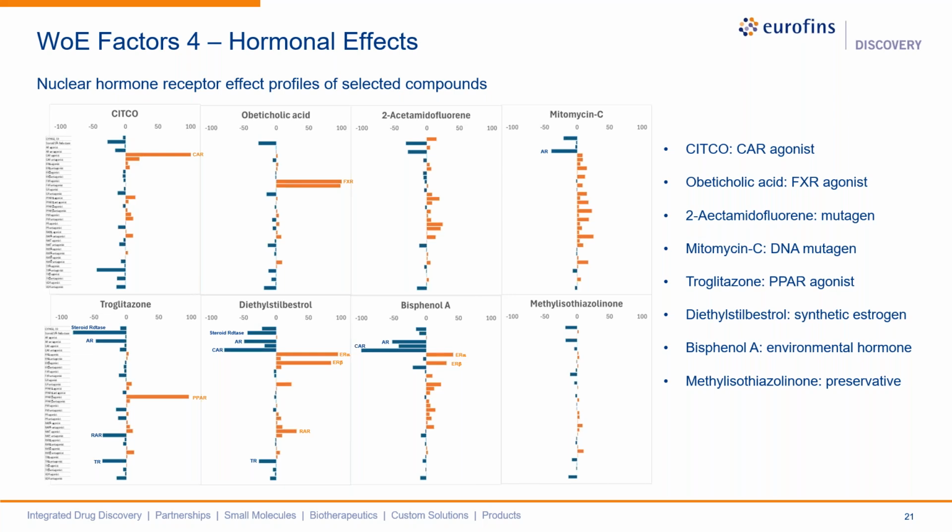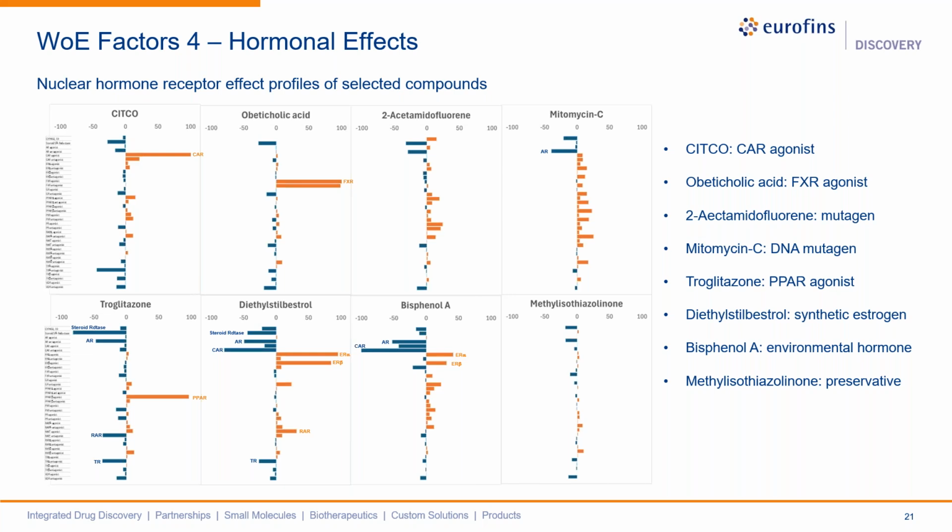First, CITCO and obeticholic acid demonstrated distinguished patterns of nuclear receptor activation, with particularly strong effects on CAR and FXR, respectively. These two compounds specifically bind to their primary targets without promiscuity to other NHRs. You can see this in the case study.